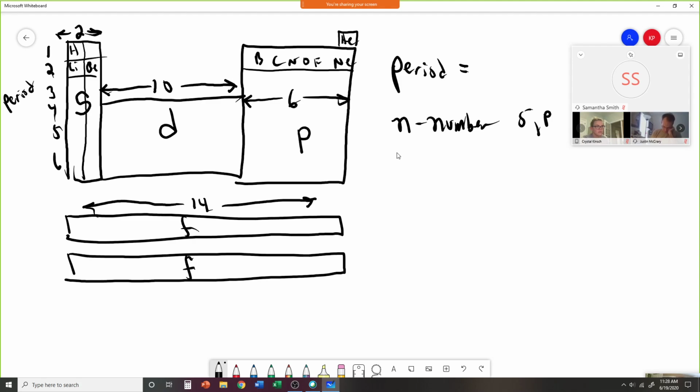The row actually is the primary quantum number. The periodic table is arranged by rows according to the primary quantum number. If you're in row 1, your primary quantum number is 1. If you're in row 2, your primary quantum number is 2.